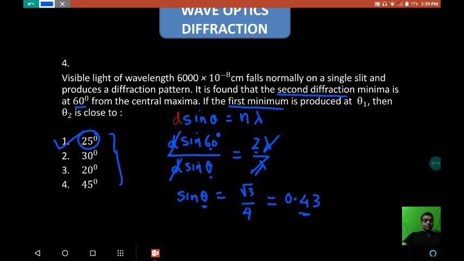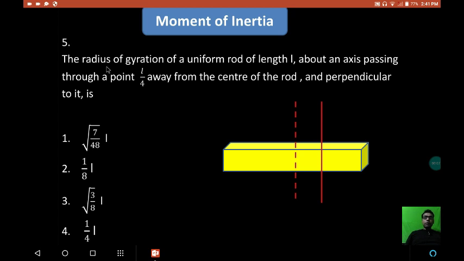So the next problem is from moment of inertia. The radius of gyration of a uniform rod of length L about an axis passing through a point L by 4 away from the center of the rod and perpendicular to it. So we have to find this radius of gyration.